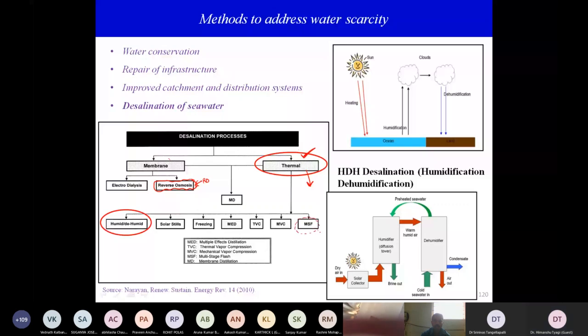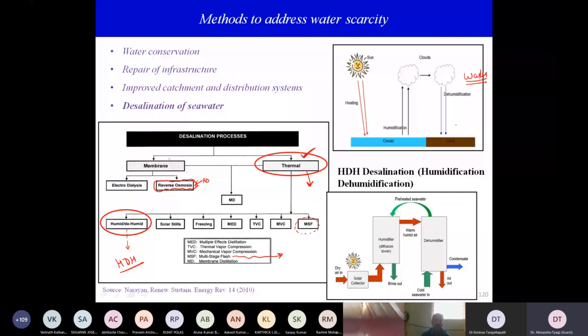But in our group, we are looking at a newer technology, the HDH technology, which is short for humidification and dehumidification. Put in simple terms, it is simply the water cycle followed in nature: in the ocean, humidification takes place, air rises, and once it cools, the air gets dehumidified because the water falls down as rain.